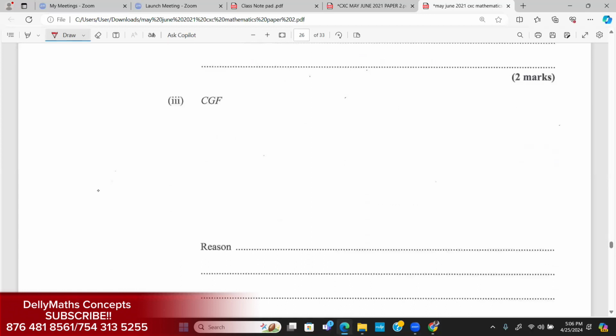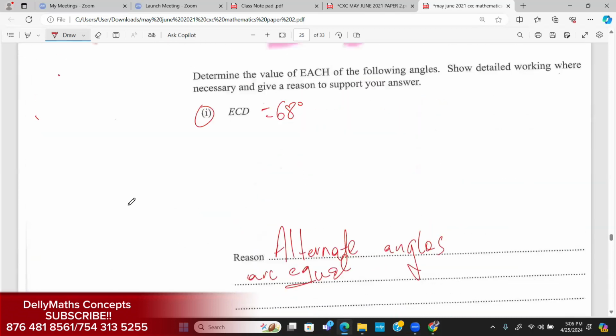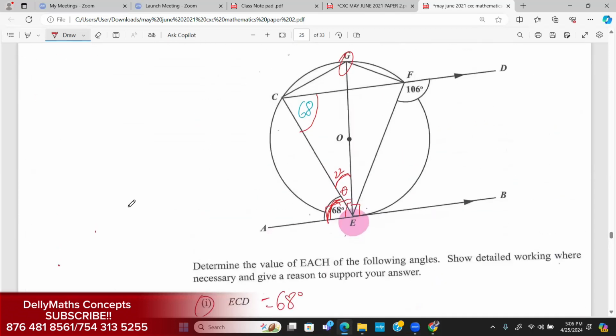Thirdly, we want to find the value of the angle CGF. Let's mark the angle CGF. So you're moving from C to G and then F. CGF is actually all of this angle right here. Earlier on, we were given some ideas.